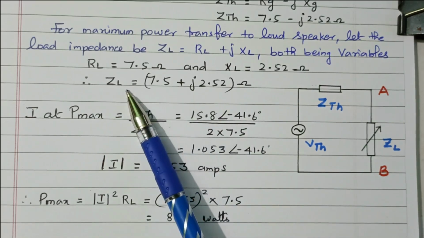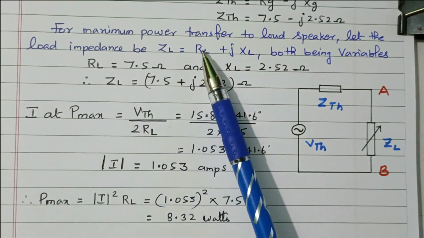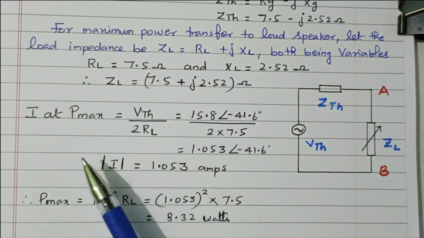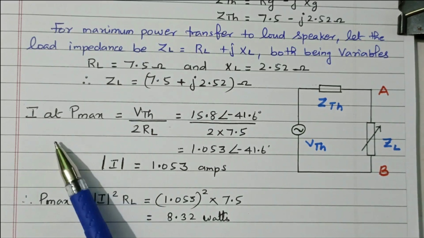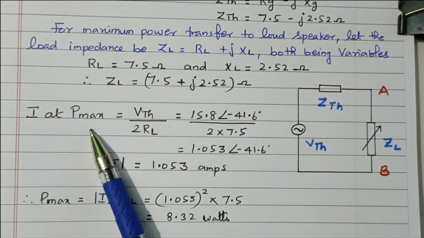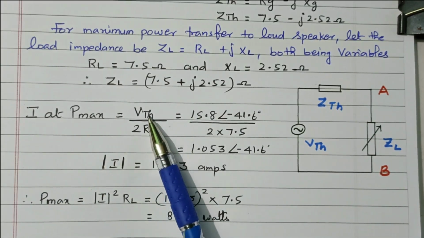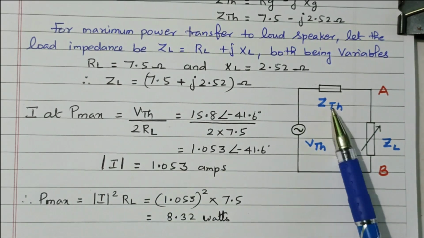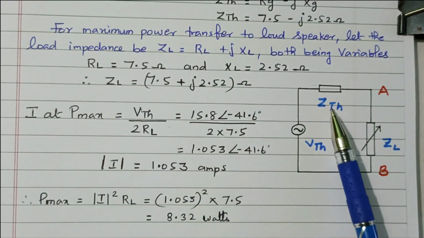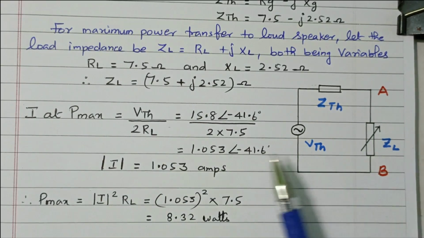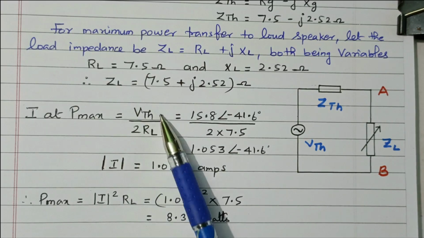So one question we answered, because we found ZL, the impedance of the loudspeaker. Then what is the power delivered to the loudspeaker? Before that we need to find the current at maximum power, VTH divided by 2RL, otherwise ZTH plus ZL, and since ZTH equals ZL, that is 2R.